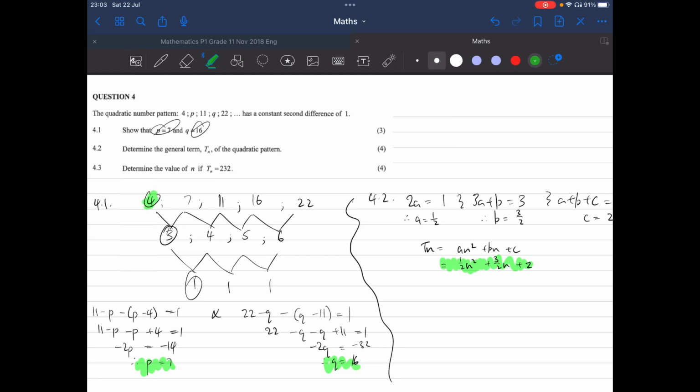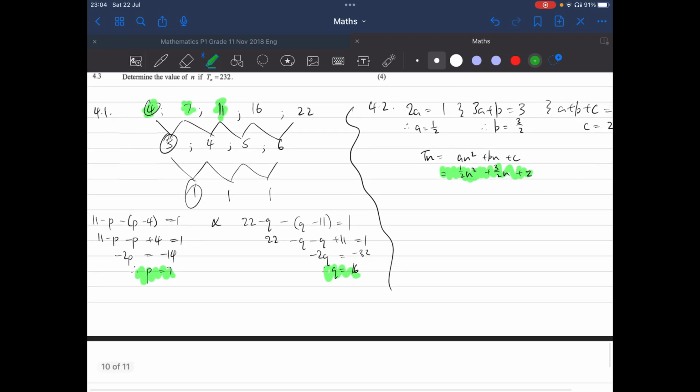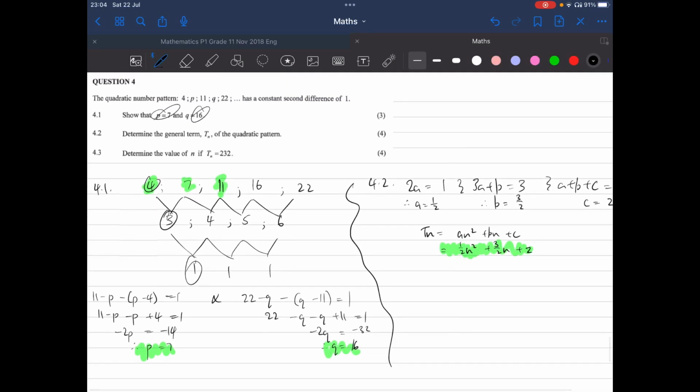Now wherever I put 1 in my calculator, I'll put 2. So half times 2 squared plus 3 over 2 times 2 plus 2, and that gives me 7. I'll try one more: if we put in 3, I should get 11. So that means our answer is correct. You should always test your answers to make sure they're right.